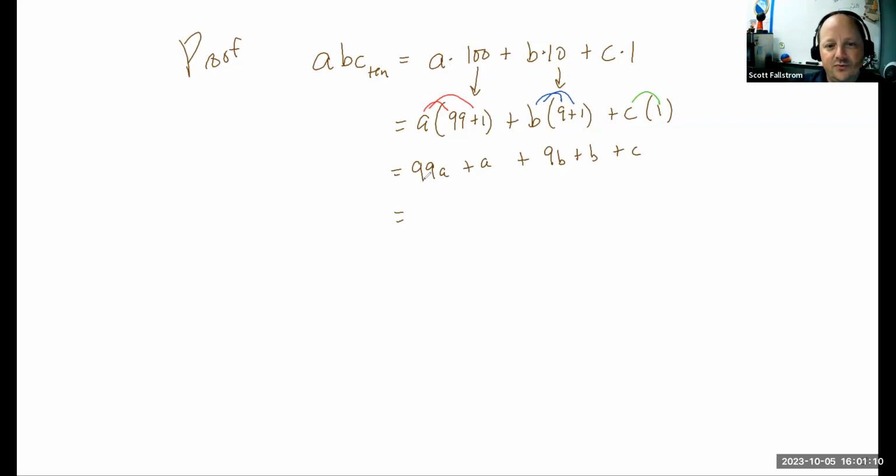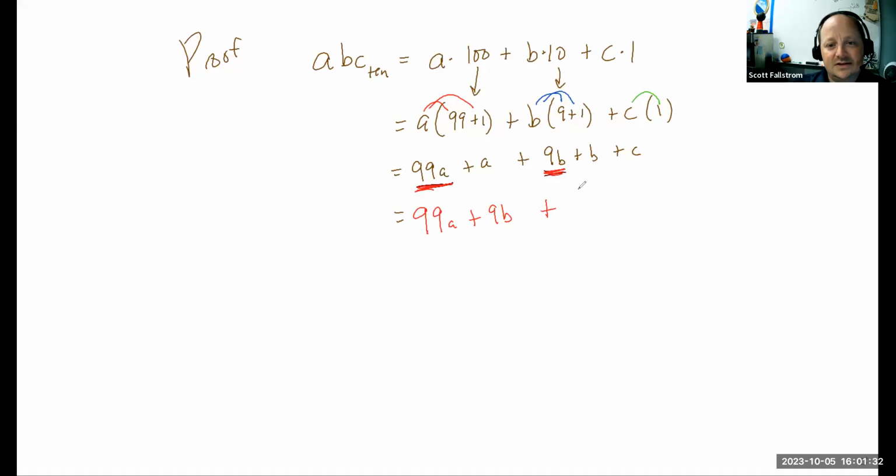So then your goal, when you're trying to prove that 3 divides this thing or it doesn't divide this thing, is to regroup everything you have that is divisible by 3 that you know of. So if you take this first chunk and this second chunk and bring them together, you get 99A plus 9B.